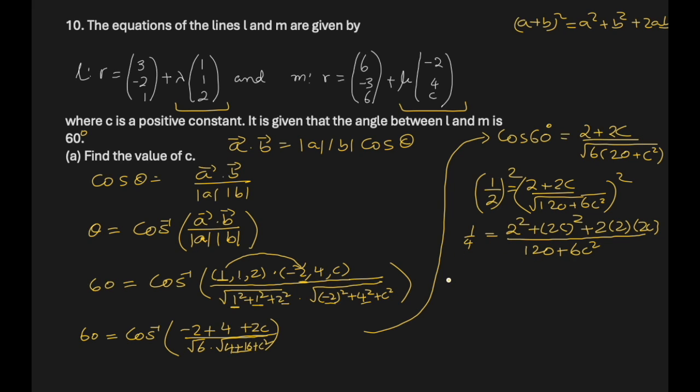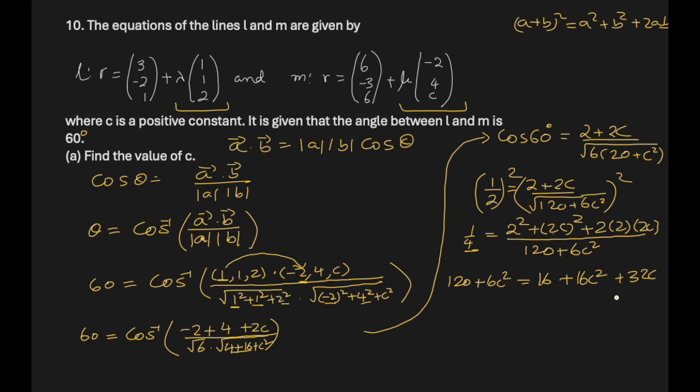So 120 plus 6C square equal to, this 4 will multiply with everyone here. So 4 multiplied by 4 is 16. 4 multiplied by 4C square will be 16C square. And 4 multiplied with this 8C, 8 times 4, 32C.